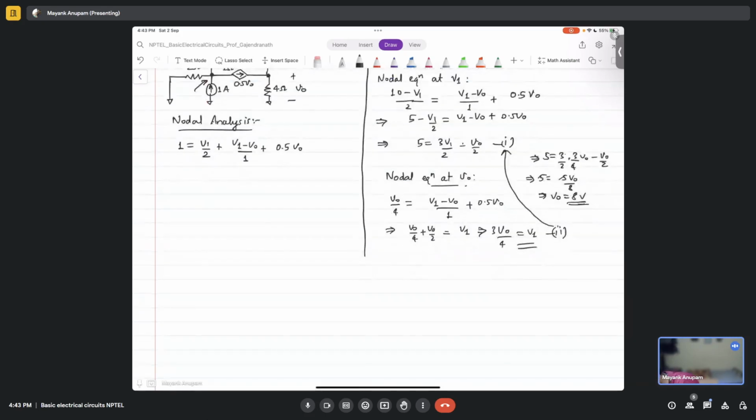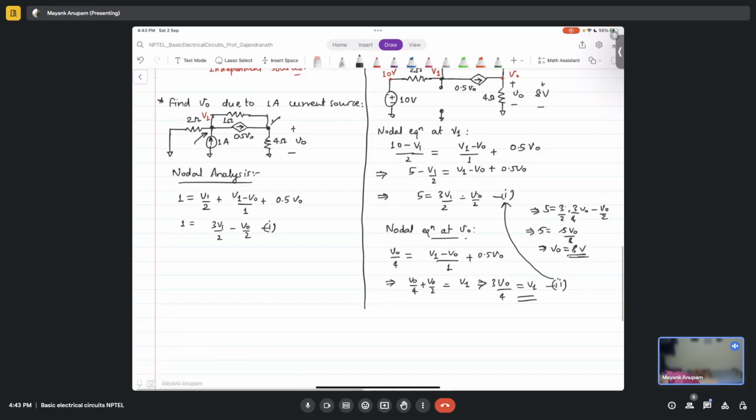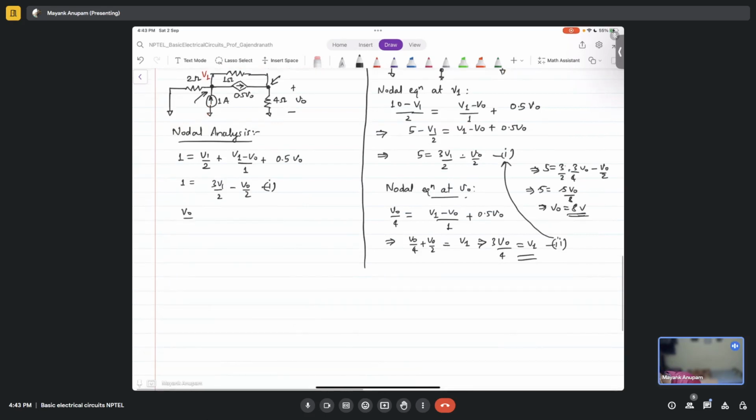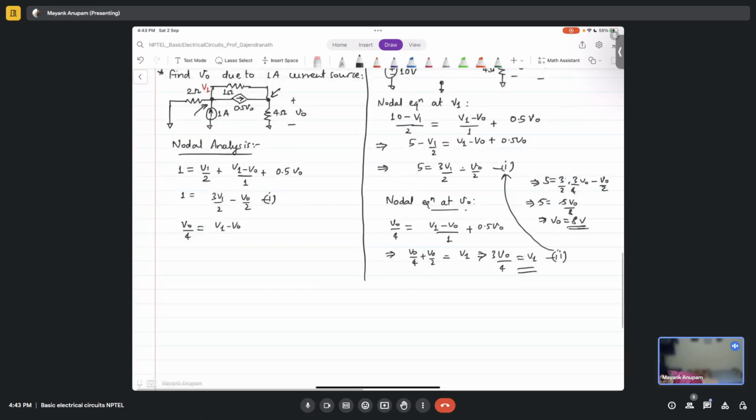So this is equation 1. So from here what I will get? V1 by 2 plus V1 minus V0 upon 2, again the same thing, and the other will be this one, right? So it will be V0 upon 4 should be equal to V1 minus V0 upon 1 plus 0.5 V0.